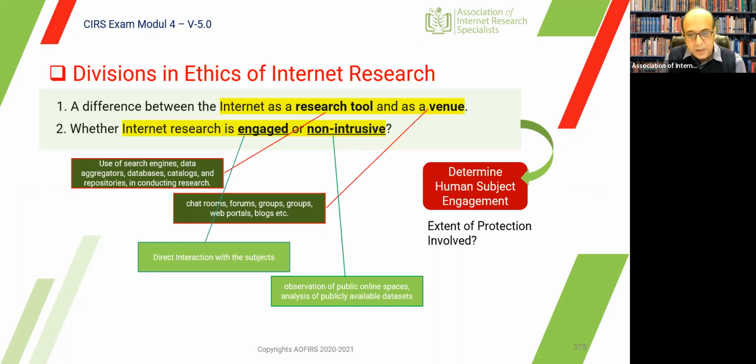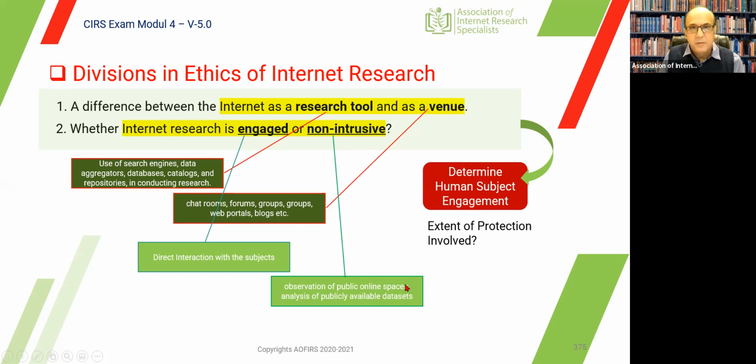Direct interaction is engaged; non-intrusive is just collection of information, anything that is already there, which does not involve your input for whether or not something is ethically inclined. So these are the divisions of internet research, with these two statements, and this is simplified. This is reading between the lines.